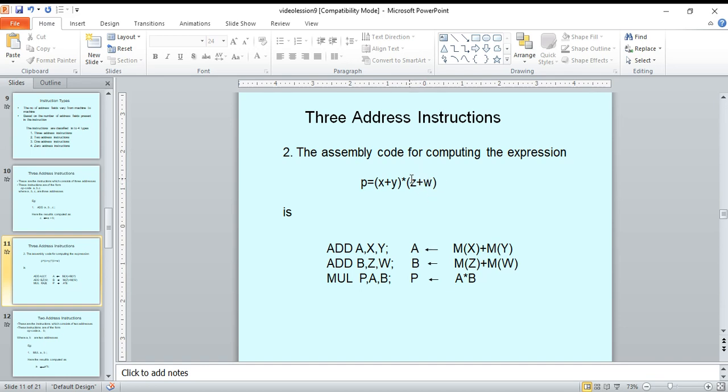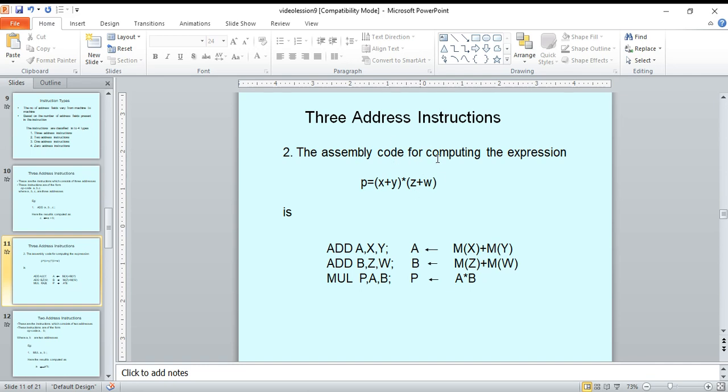For the addition, this address is placed in one memory location, and this address is placed in another memory location. Finally, we get the data from those memory locations, perform the addition, and place the result into a register. After the addition of these two, we get one value placed in one register.